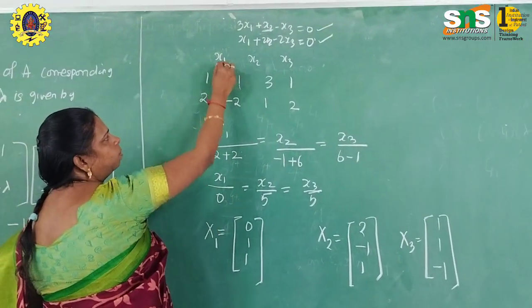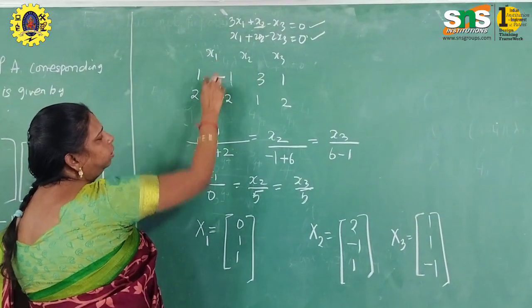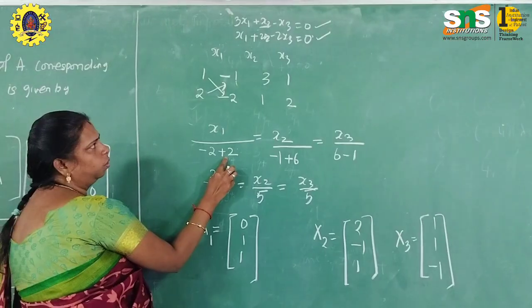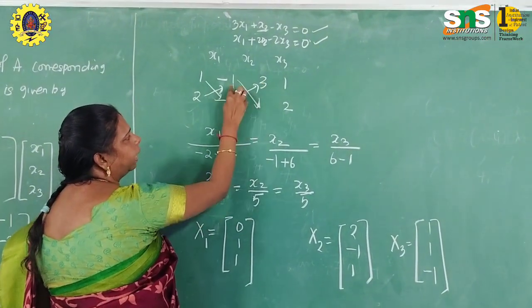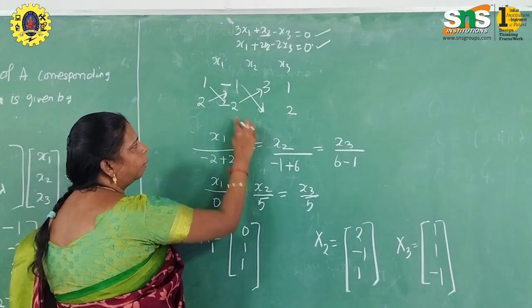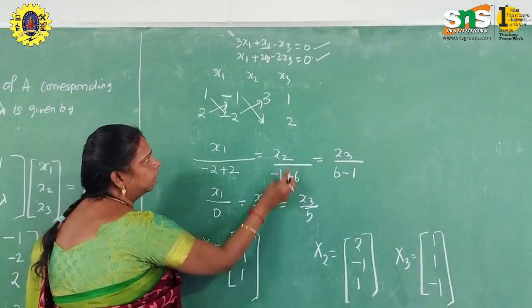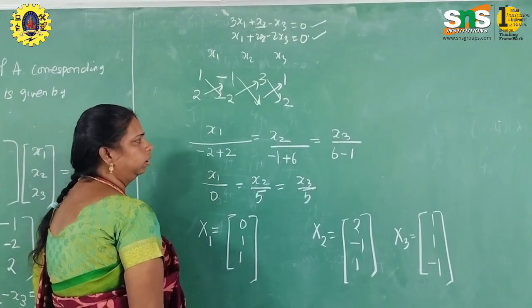For x1, take these two numbers: 1 into 2 minus 2 is minus 2, plus 2. For x2, these two: minus 1 into 1 is minus 1, minus 2 into 3 is minus 6, so plus 6. For x3, these two: 6 minus 1.